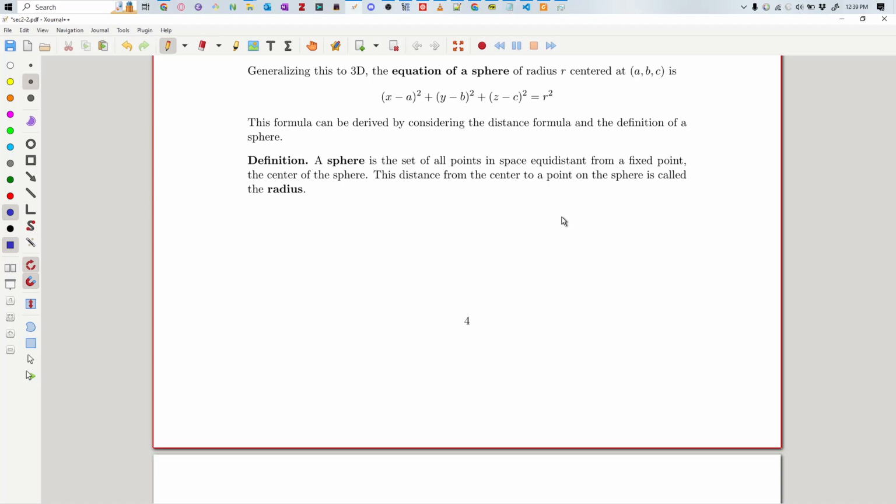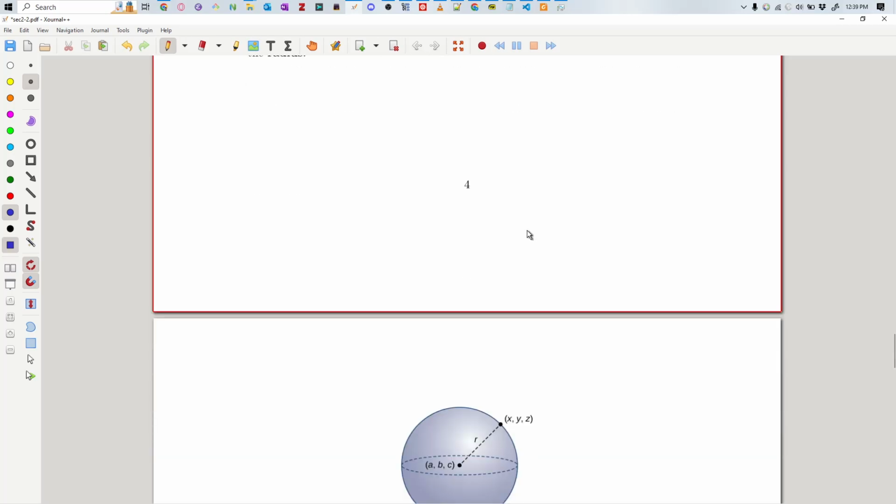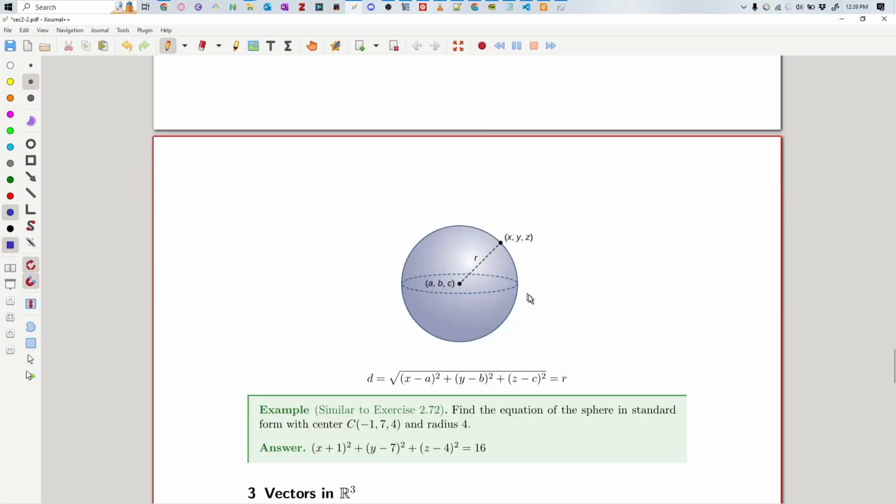All the points on a sphere need to be the same distance away from a particular point called the center. So what we can do is have a sphere like this, with the center being ABC and a point on the sphere being XYZ, just abstractly any point on the sphere XYZ.